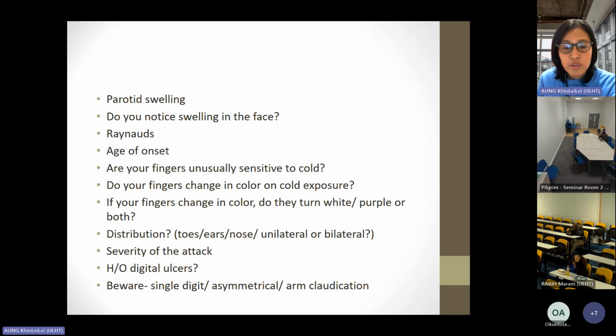Is it at the toes, ears, nose? Is it unilateral or bilateral? Severity of the attack, history of digital ulcer. If the patient presents with Raynaud's phenomenon in a single digit, with asymmetrical distribution, associated with arm claudication, beware of other conditions rather than systemic sclerosis, like thoracic outlet syndrome, atherosclerosis, Buerger disease.